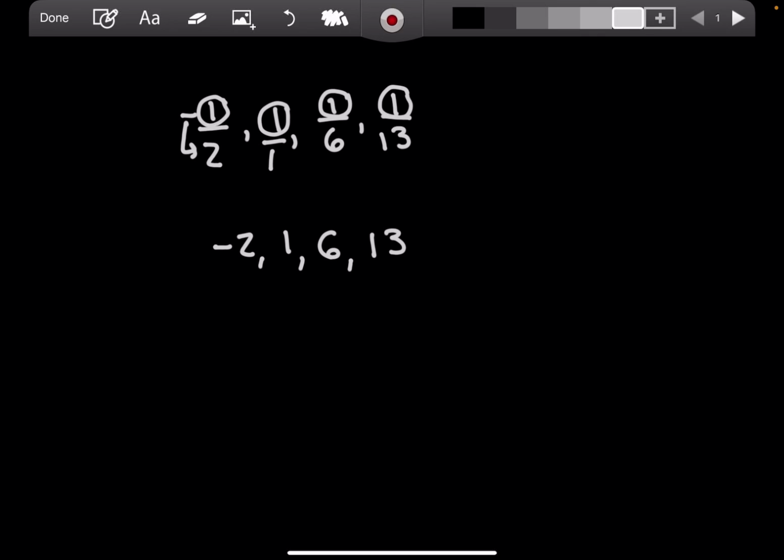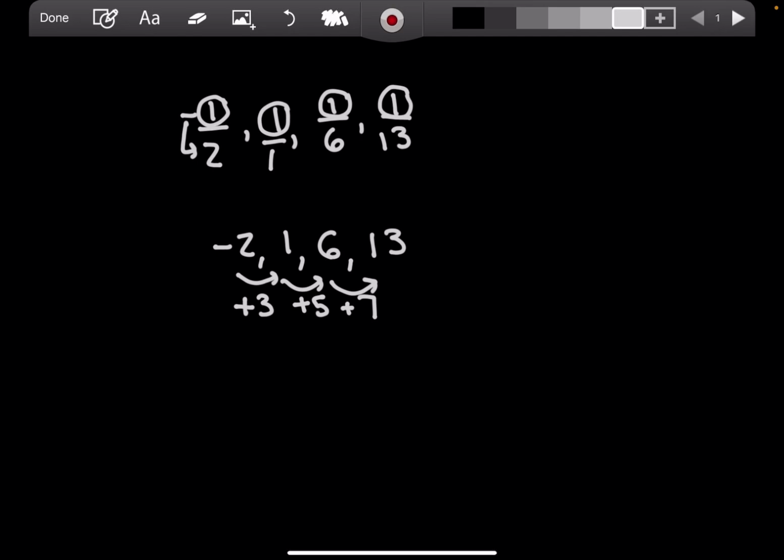Now, we don't really see much of a correlation here because if we add them, we get +3, +5, +7. But don't freak out, because there's actually a hidden pattern in the pattern.